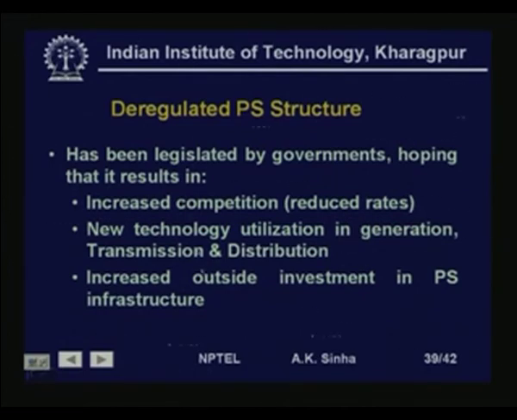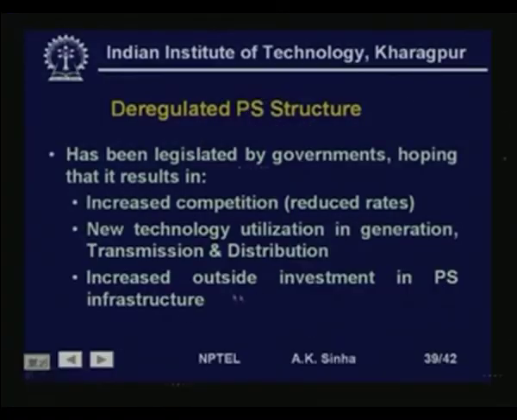It will introduce new technology in generation, transmission and distribution, as has happened in the telecom sector. It will also increase outside investment in power system infrastructure, because power system requires a huge amount of investment.